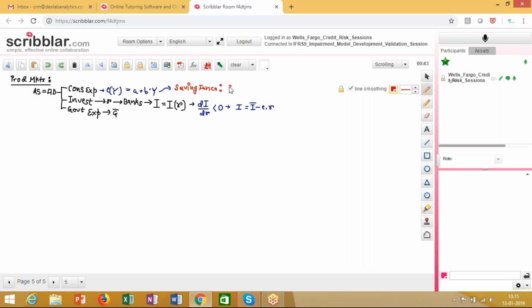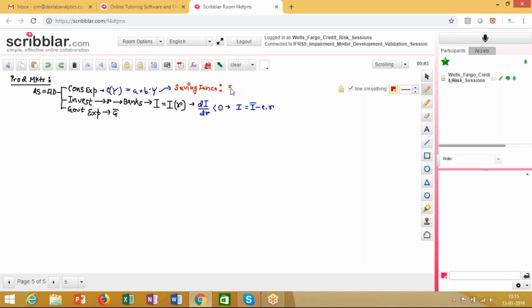Now, while the rate of interest goes up, I would be more interested to keep a larger volume of my savings in the bank account. Whereas investment is negatively related. Savings will be positively related to the rate of interest.